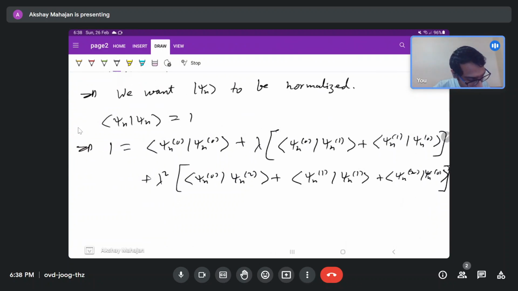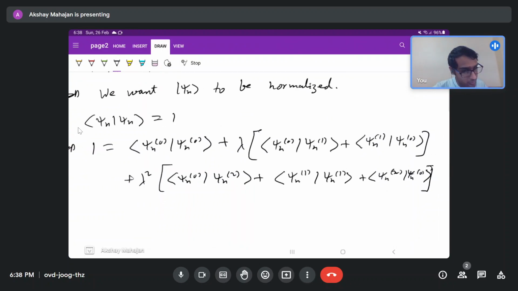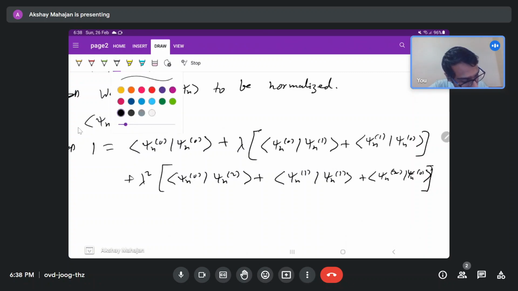So we will get something like this. It is the 0th order term, and then the first order term, all these terms. We know that psi n0 with itself is 1, since these are normalized.